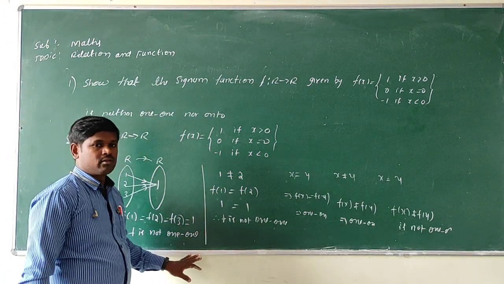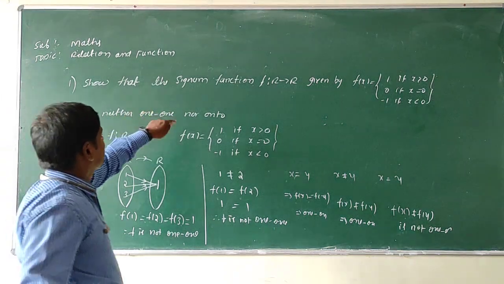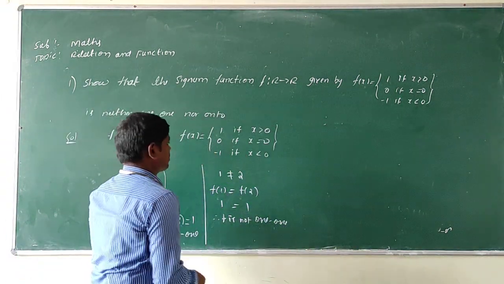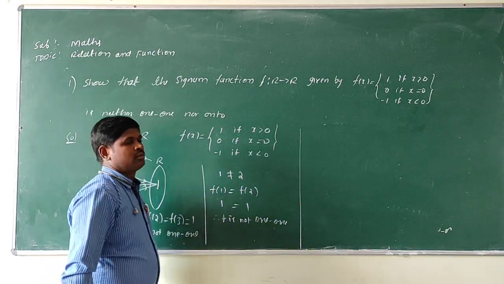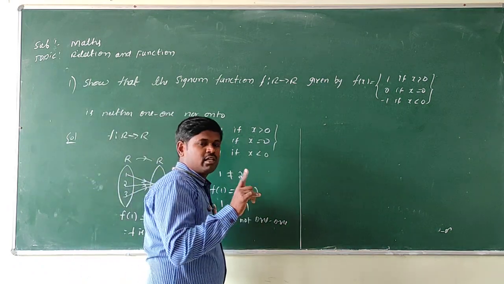Here also the same. Next you have to verify, or show that it is not an onto function. Onto function means codomain is equal to range.